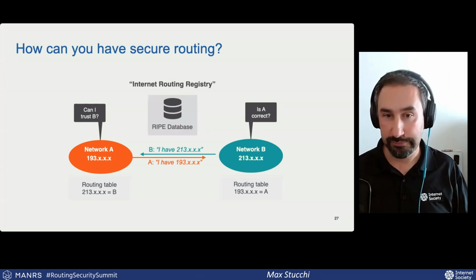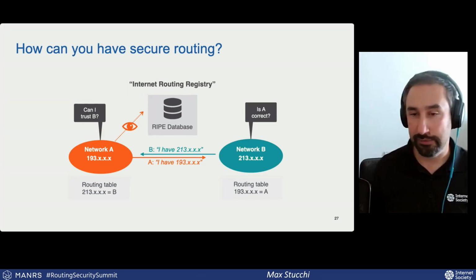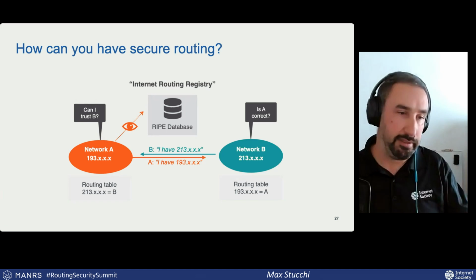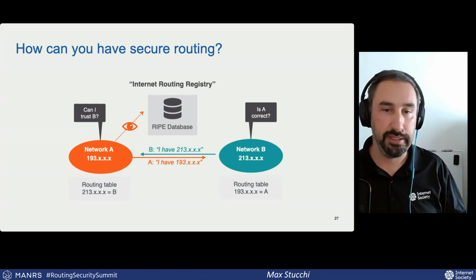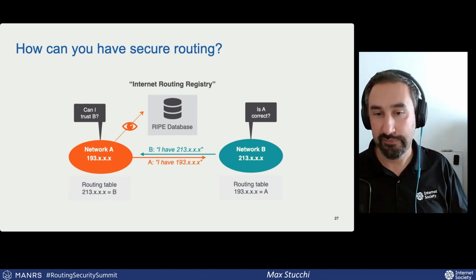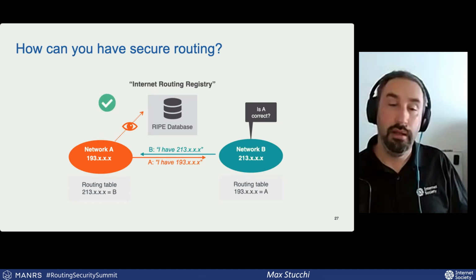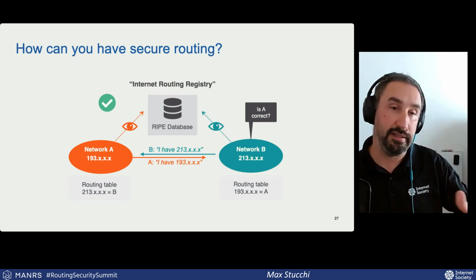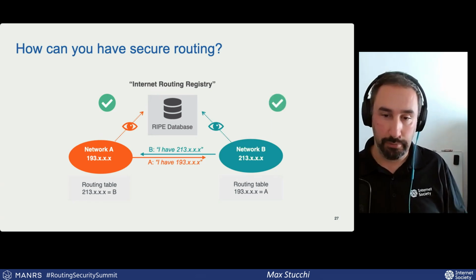So the solution in this case can be the IRR, the Internet Routing Registry, where in the RIPE database, but also in the ARIN database, the AFRINIC database, APNIC and LACNIC, I can find information that helps me figure out if it's okay to accept that BGP announcement from that specific network, or where I see that the origin is a certain origin. So it helps me in a way.